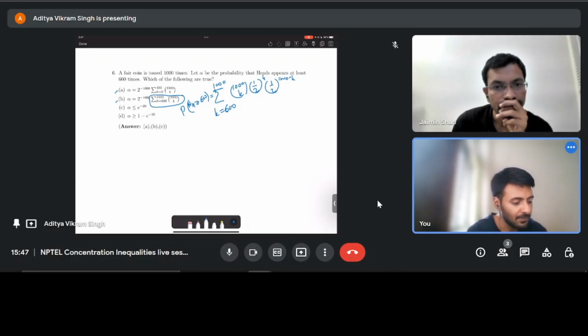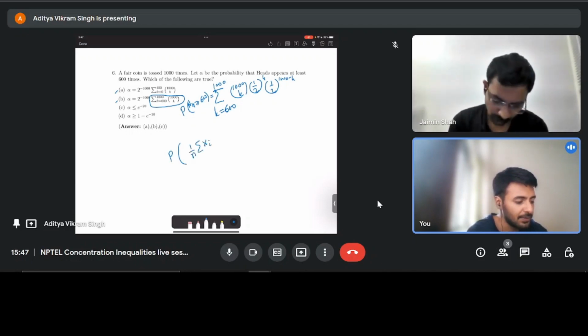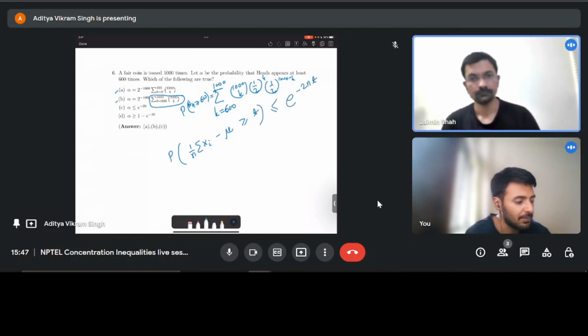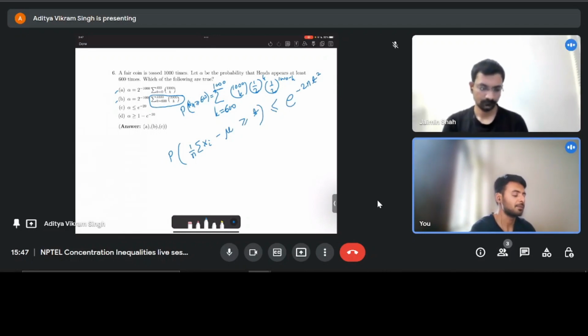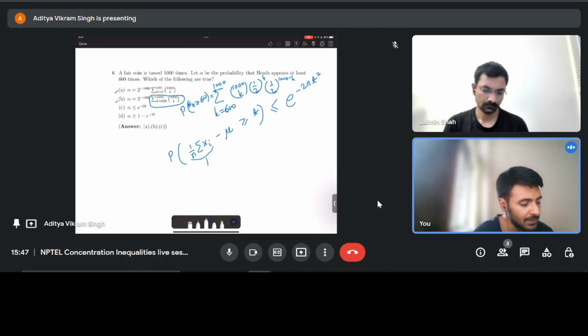So what will the Chernoff bound say? It will say that the probability that the average minus mu is greater than or equal to t is less than or equal to 2 e power minus 2 n t square. And we know that this is actually the number of times heads appears.